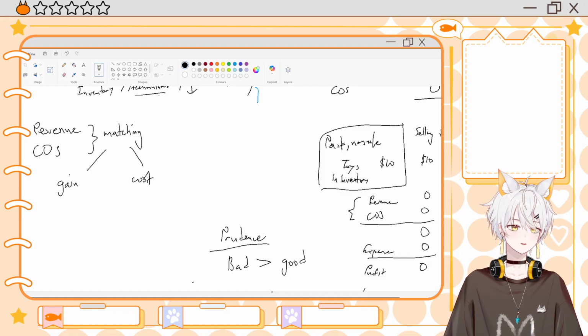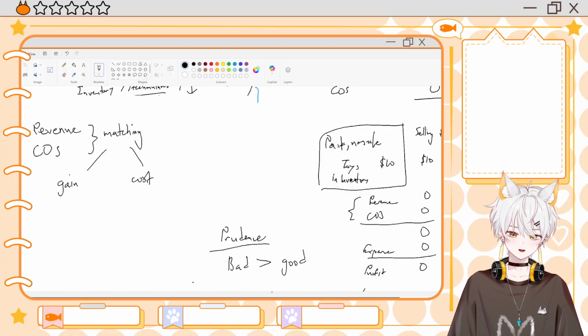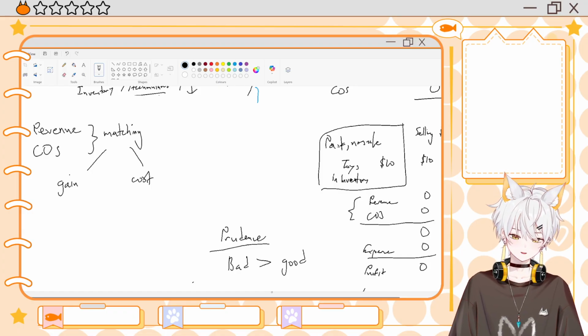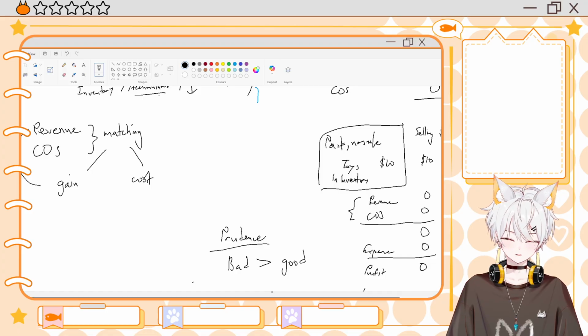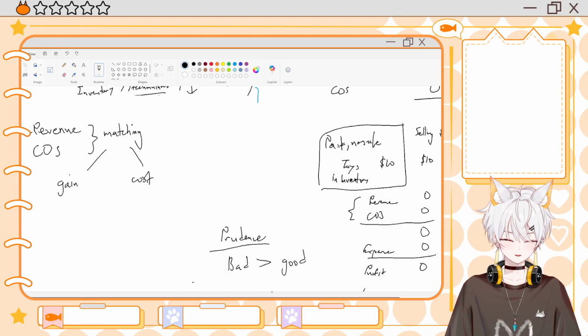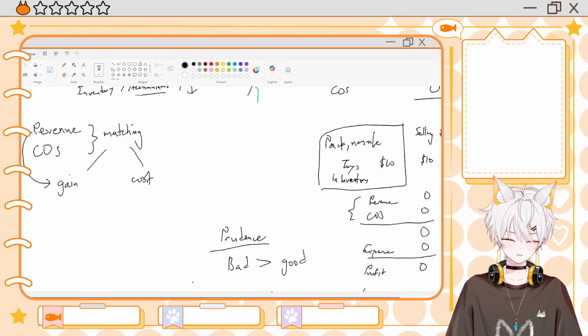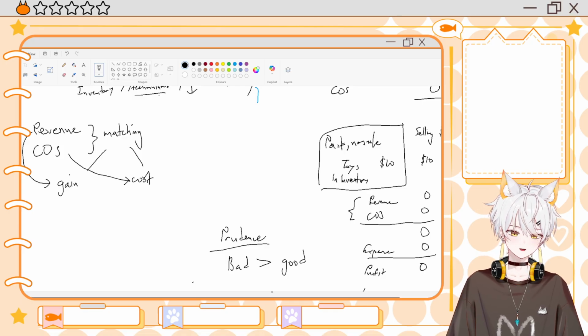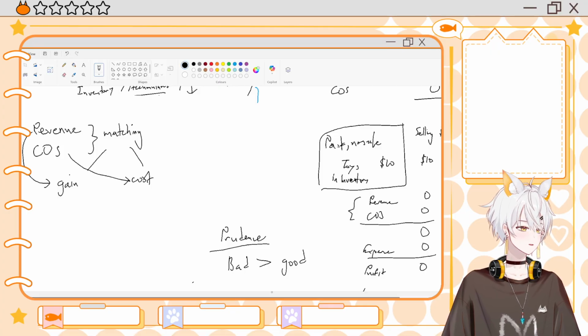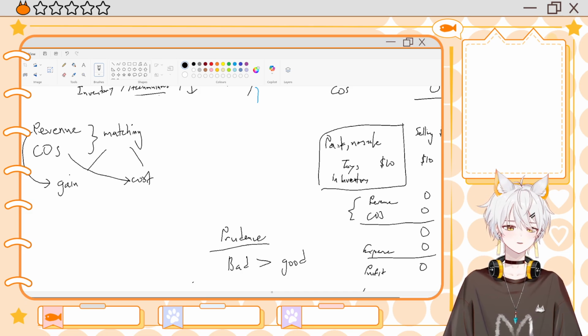You can't really quantify it most of the time, but in accounting, at least we try to do it as much as possible. So, revenue you will associate with a gain. Cost of sales will just be the cost. When you make a sale, you think, I sold this item. How much did this item cost?